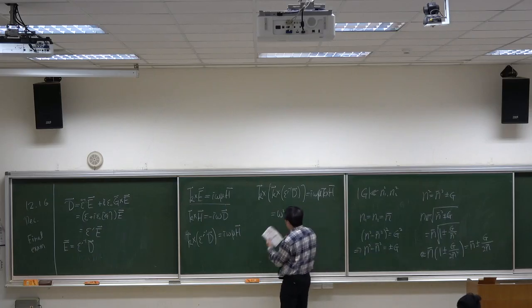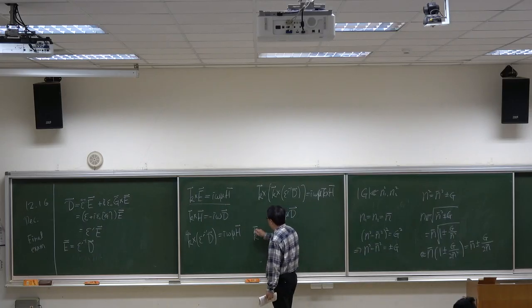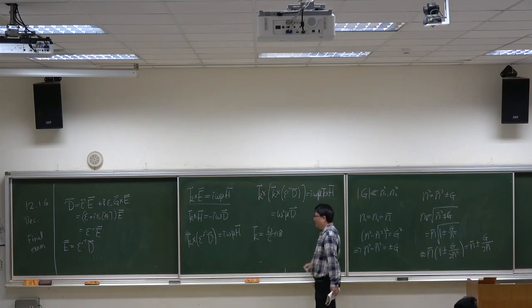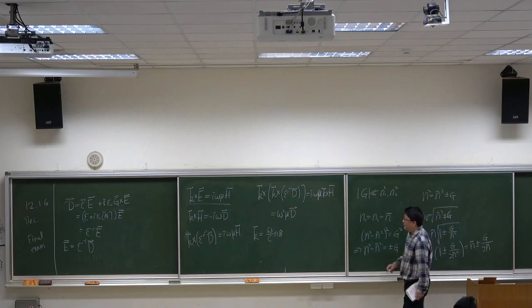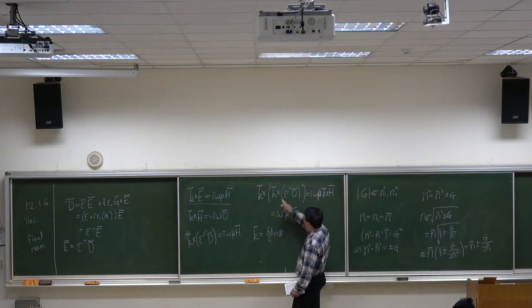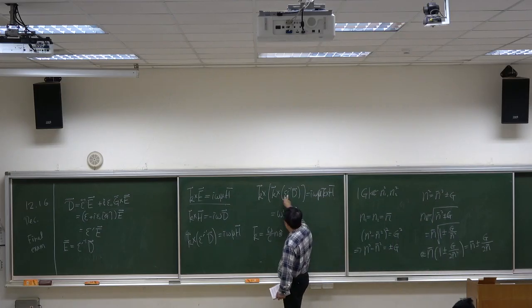And now we substitute this expression for K. K is equal to omega over C times N times S. Okay. N is the refractive index to be determined. Okay. So we substitute this into this equation.